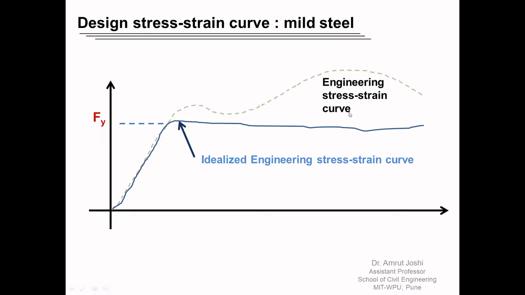So what we do is we idealize the stress strain curve by a flat line, and this is called elastoplastic idealization of the stress strain curve of mild steel. Its yield stress is given by notation Fy.